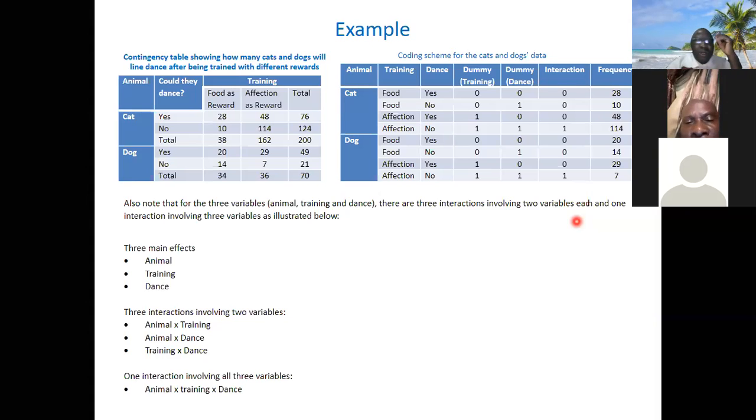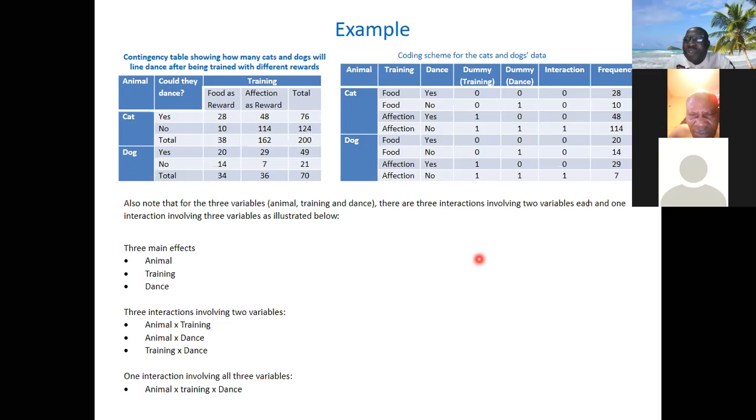So let's quickly look at an example here. There's a contingency situation showing how many cats and dogs will dance after being trained with different rewards. The outcome variable here is dance, to dance or not dance.